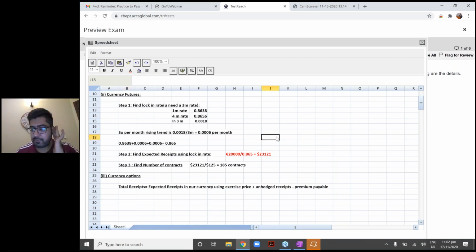I just told you that this is the formula for receipts.